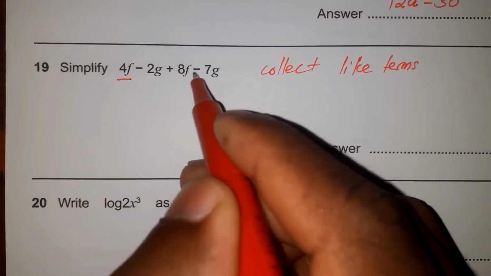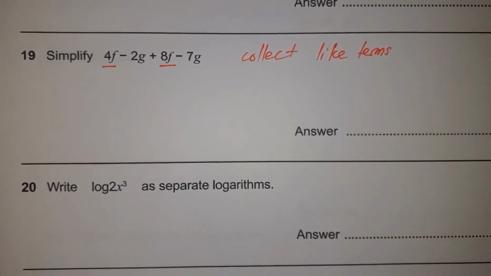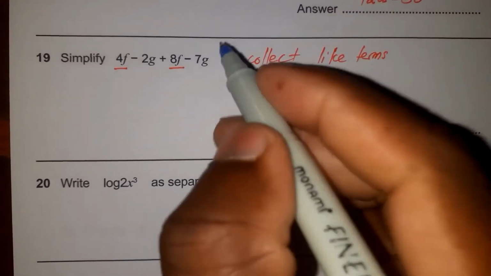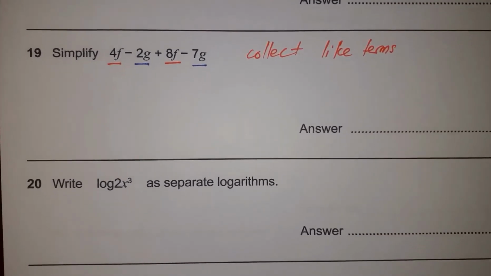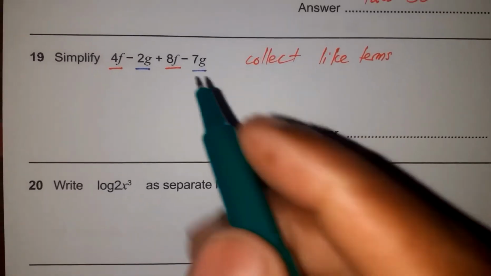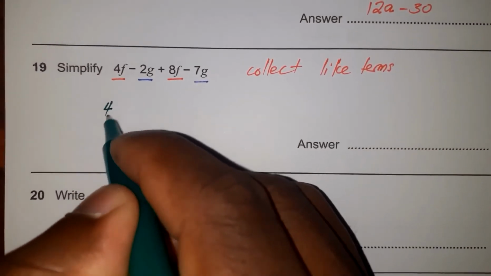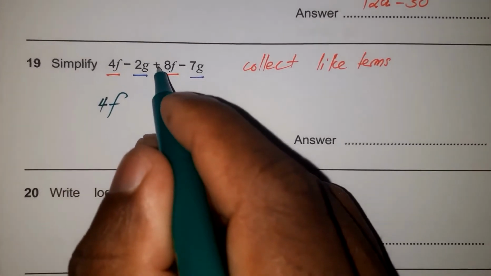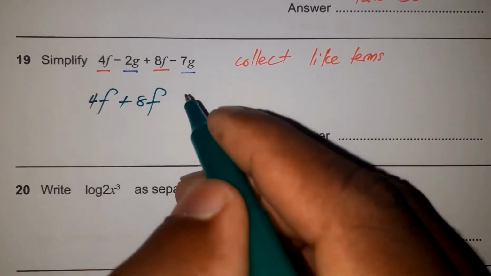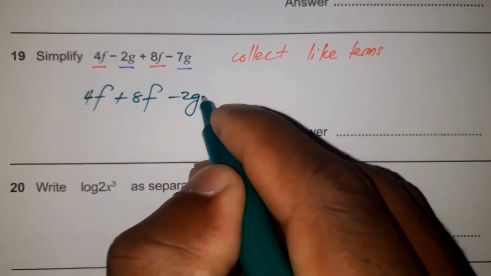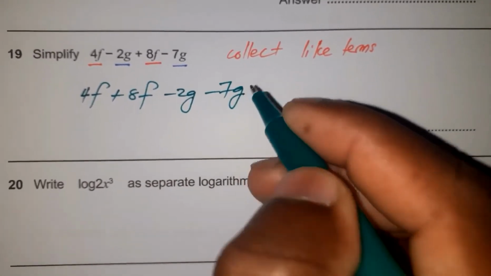We have f, f, and then we have g, g there. Then what we can now do is 4f plus 8f, and then minus 2g minus 7g.